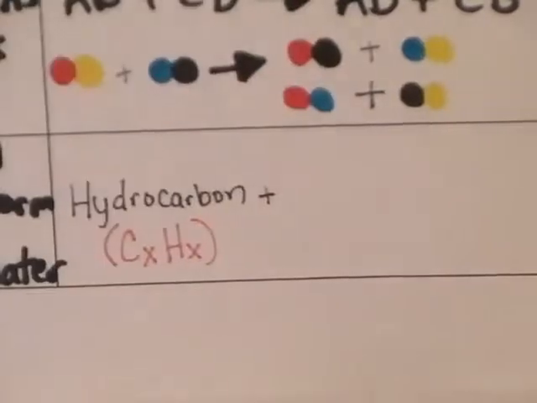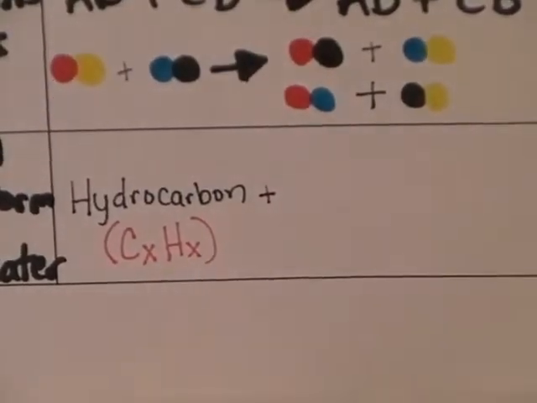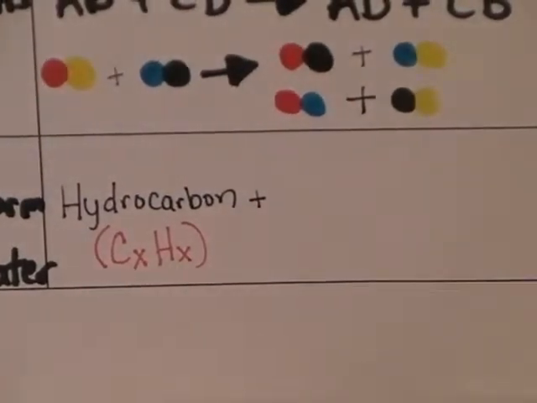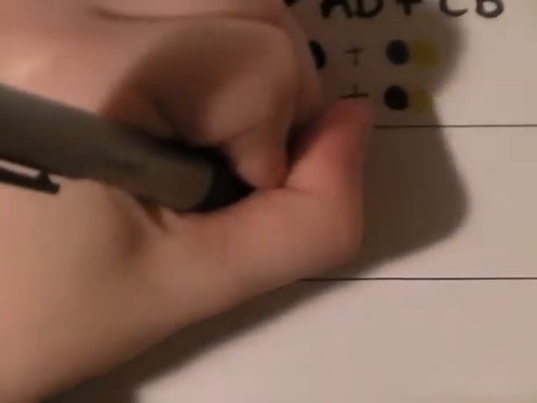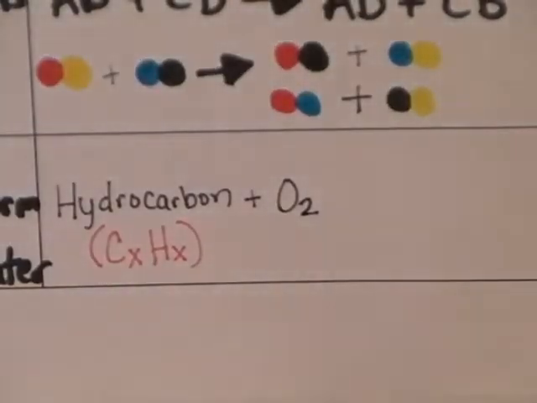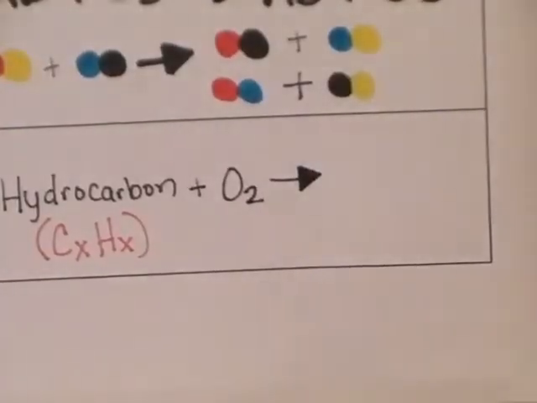So hydrocarbon plus oxygen. How do we have to write oxygen in a chemical reaction? How does it have to exist? What do you have to remember about oxygen? Hopefully you're remembering Brinkelhoff. It's part of Brinkelhoff. Oxygen must exist as O2. So it's a hydrocarbon plus oxygen, O2, gives carbon dioxide.